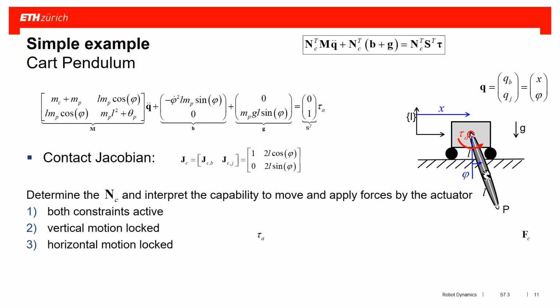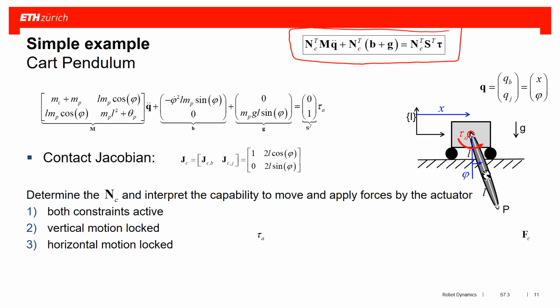And we will do this with a simple example. I again keep up here the support consistent dynamics equations of motion. We have derived for you the equations of motion for the cart pendulum, which has 2 degrees of freedom, which is in contact at point P, and where we have given you the contact Jacobian.